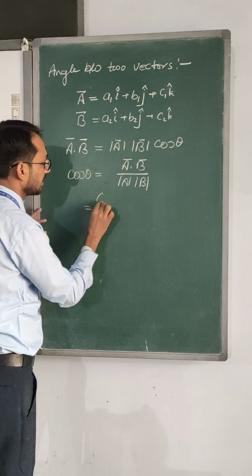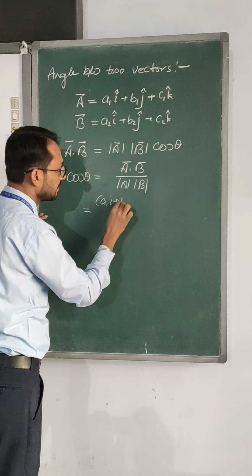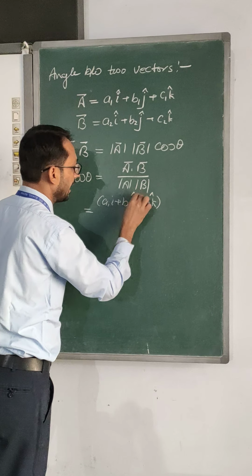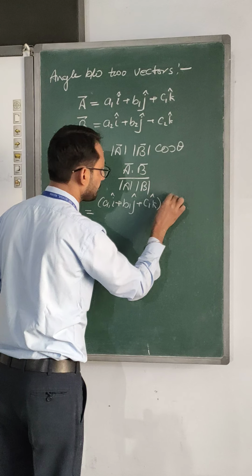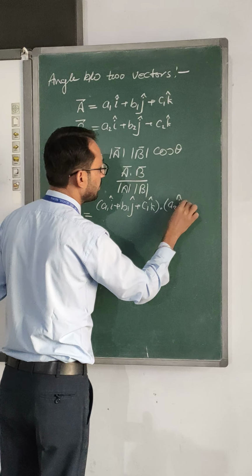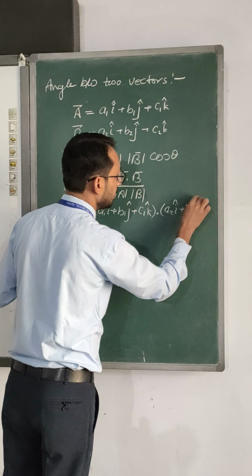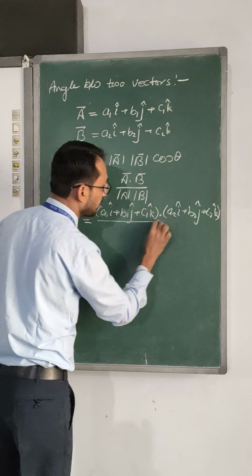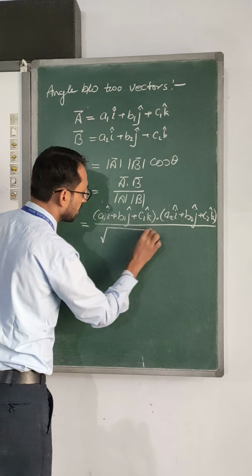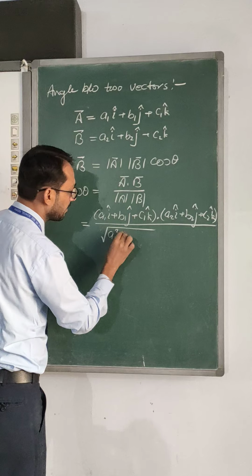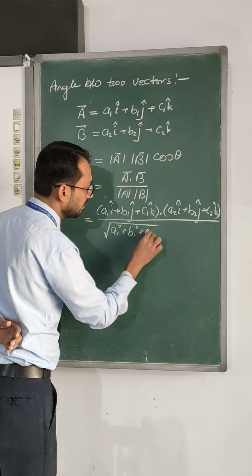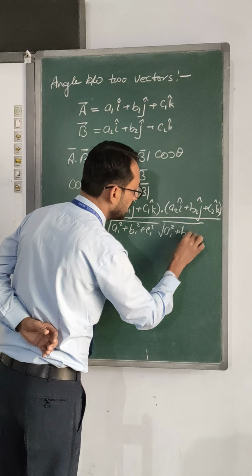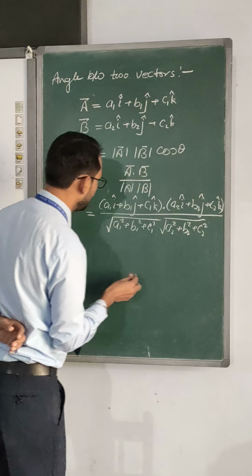A is A1 i plus B1 j plus C1 k, and the other vector is A2 i plus B2 j plus C2 k. We need to calculate their dot product, and modulus means under root of A1 square plus B1 square plus C1 square into under root of A2 square plus B2 square plus C2 square.